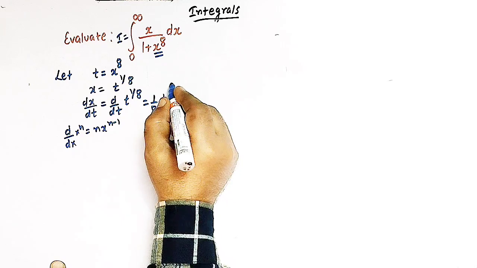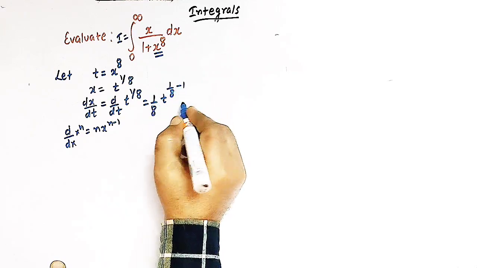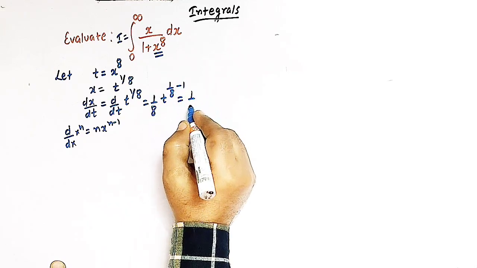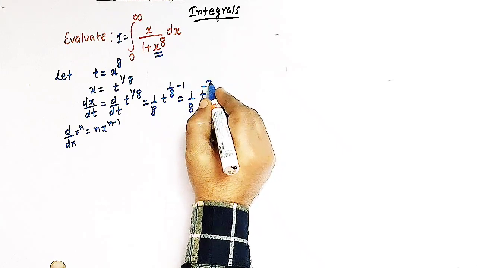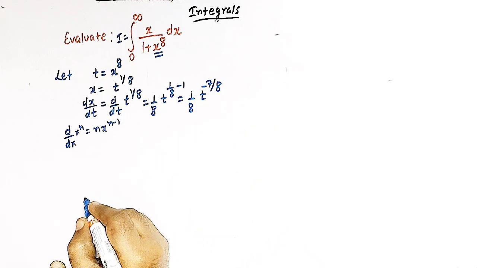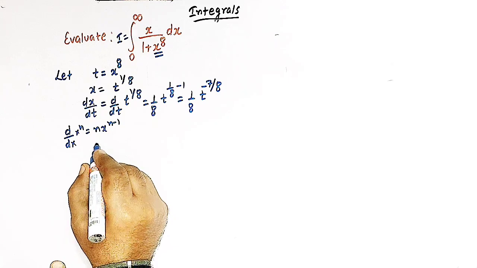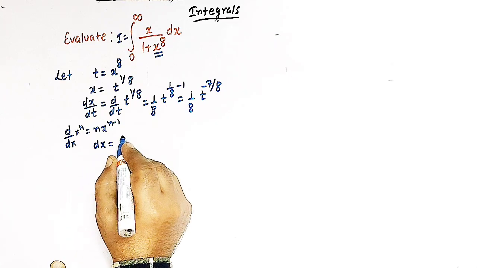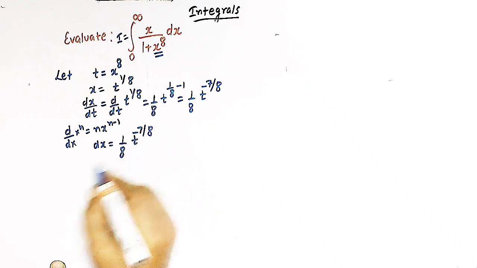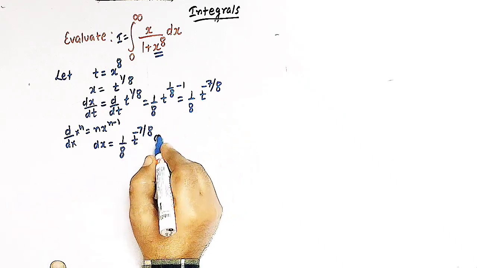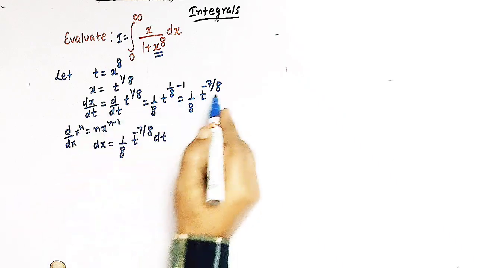Then we have t raised to 1 over 8 minus 1, so we can now write 1 over 8 t raised to minus 7 over 8, right? So now dx can be written as 1 over 8 t raised to minus 7 over 8, and here we have dt.